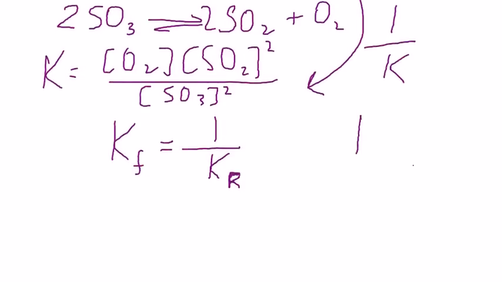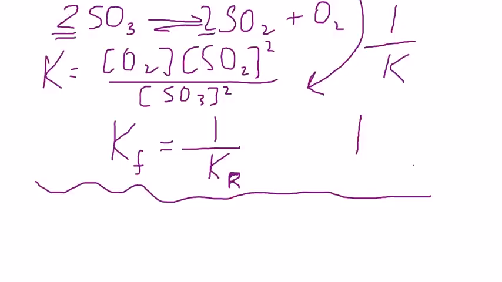A third type of manipulation that we might consider is, what if we want to change the coefficients of a balanced chemical reaction? The one we're looking at is instead the same reactants, but the ratios have been, in this case, let's say, divided by 2.